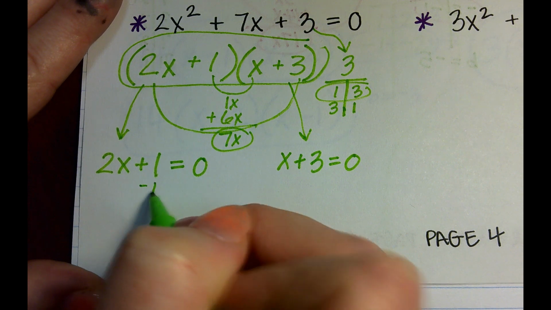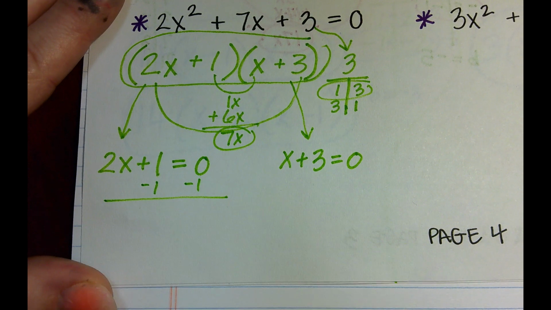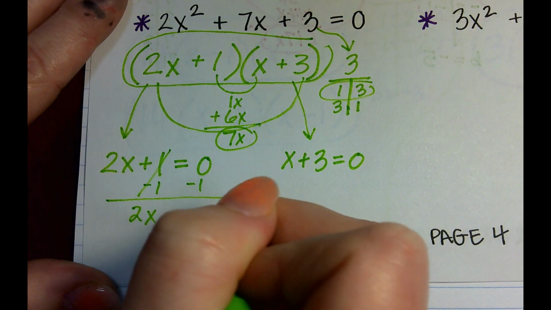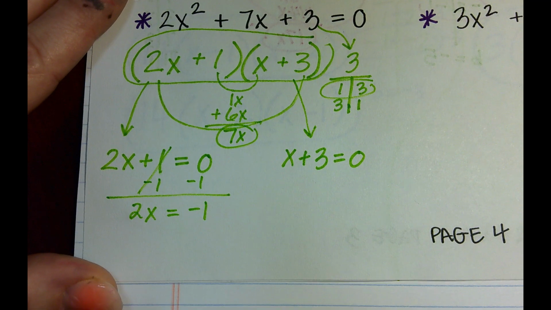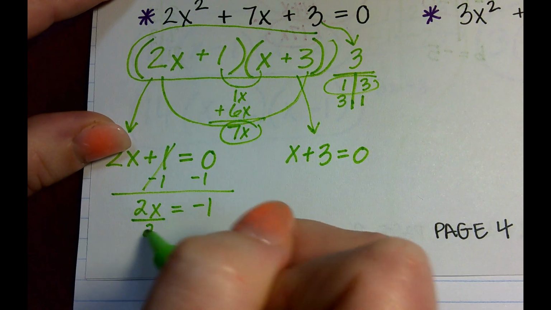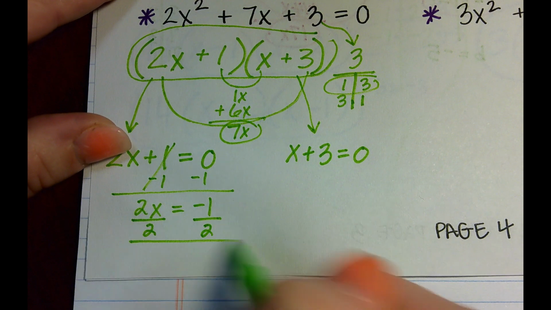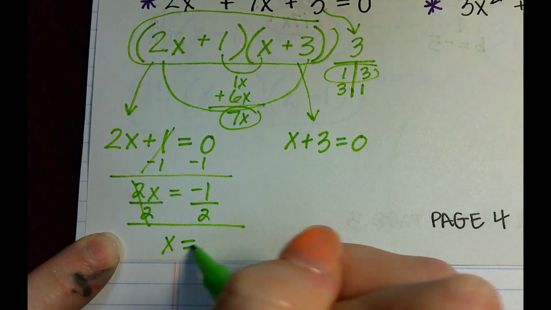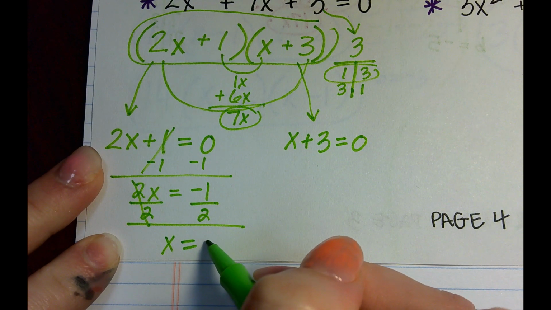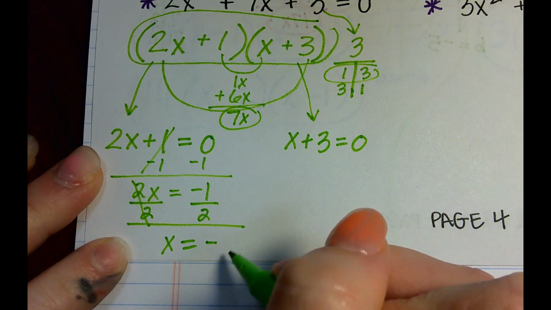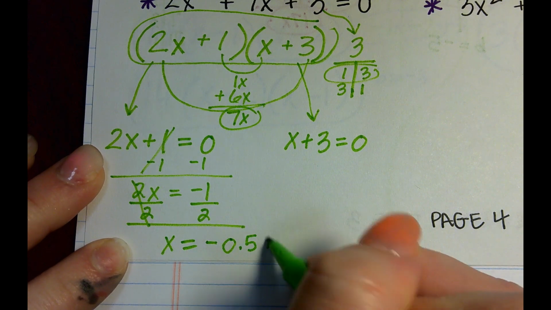Minus 1 from both sides. And that would leave us with 2x equals negative 1. And then we just divide by 2, which would give us an answer of x equals either negative 1/2, you could leave it a fraction if you want, or we could say negative 0.5.